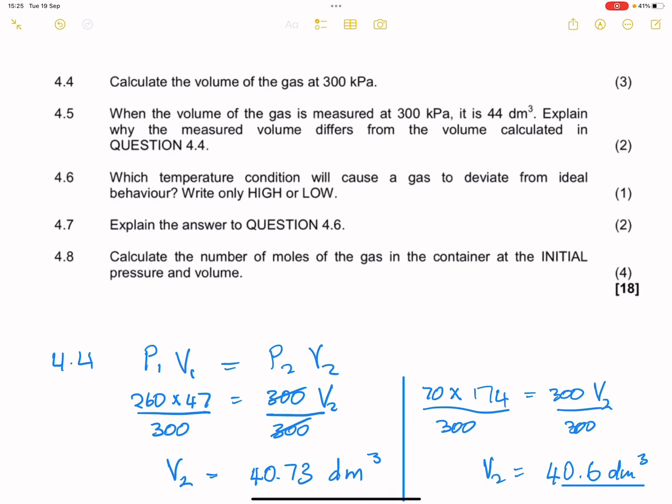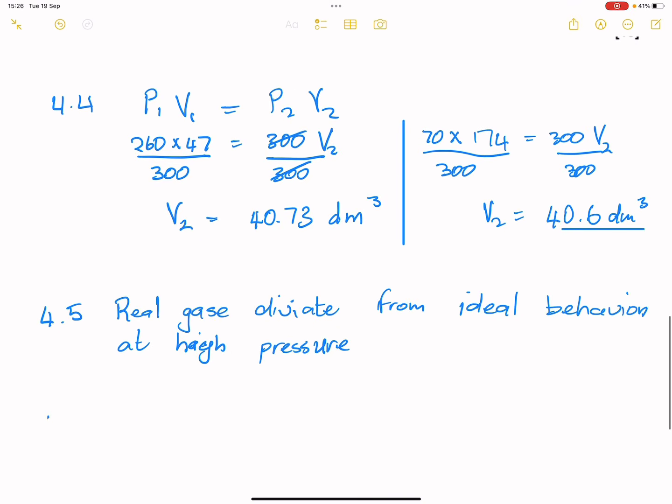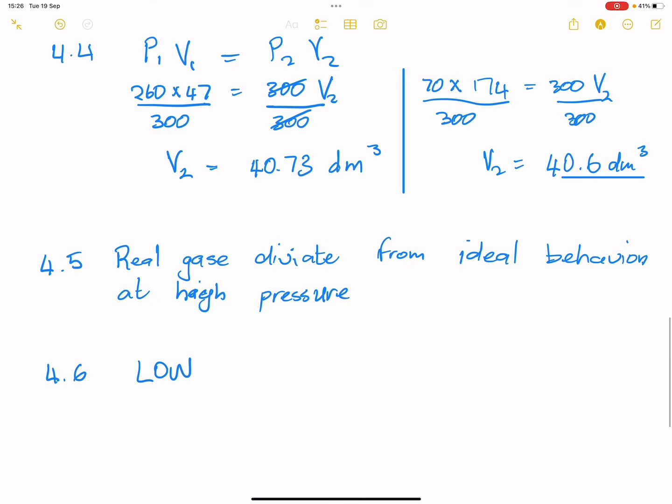Of course, if you watch my video on ideal gases, I did explain that at low temperature the intermolecular forces increase, and as a result the gas would liquefy. So for 4.6, our answer would definitely be low temperature.